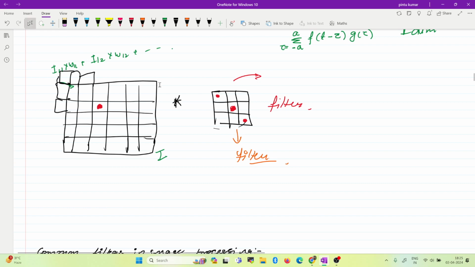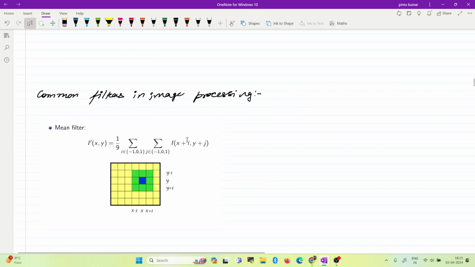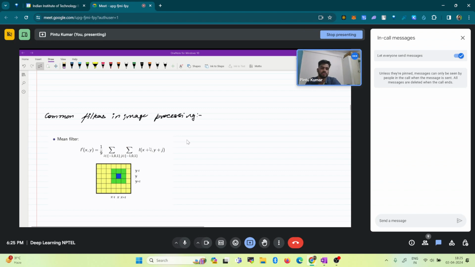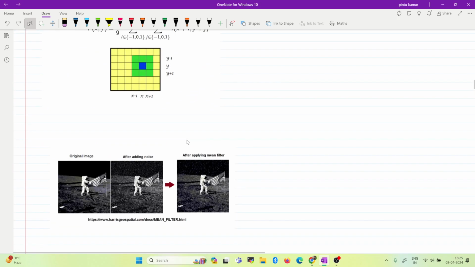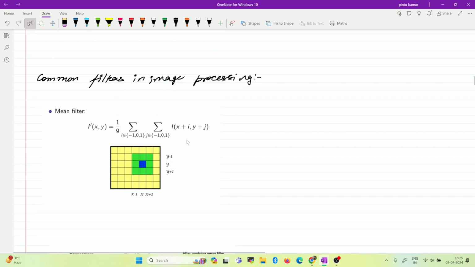Let's discuss some common filters that the traditional image processing community used. I'm not covering many, just 1 or 2, so that you have an idea of how a filter works. This is known as the mean filter. How would your filter look? Let's say this is a 3x3 filter W. If you apply this filter at this particular blue point, you should get an average value of the values around it.